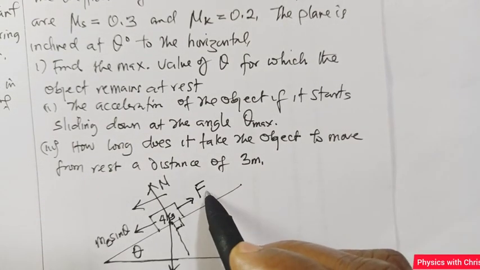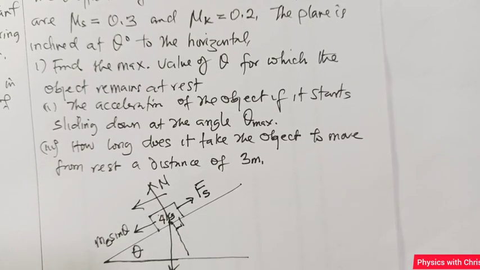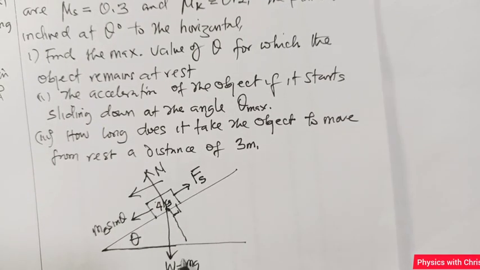And this frictional force is called the static frictional force. So if this body must remain at rest, these two forces must be balanced. That is the component of the weight acting down the plane, which tends to pull the body down, and it's being opposed by the force of friction, that is Fs, the static frictional force.